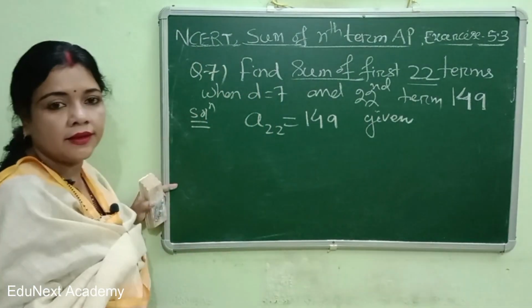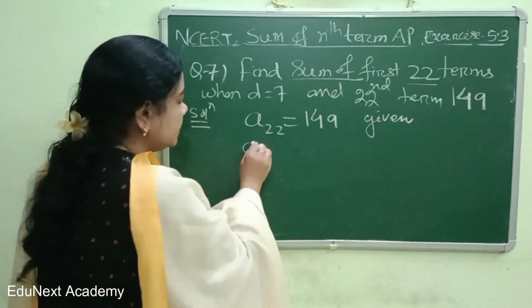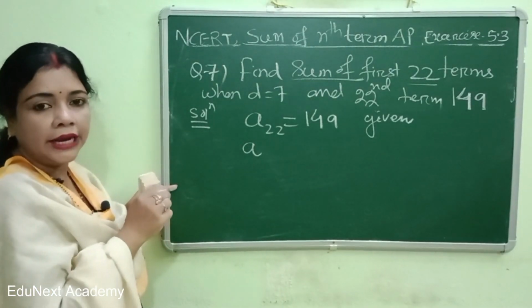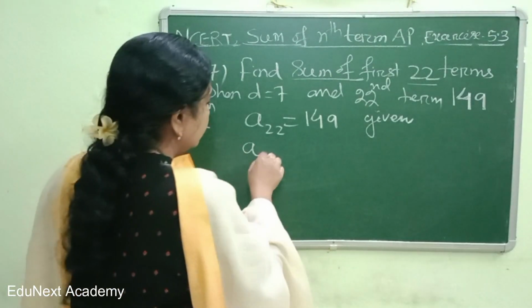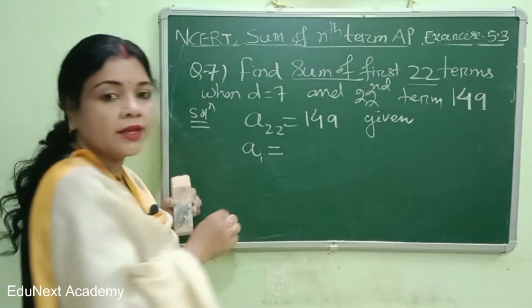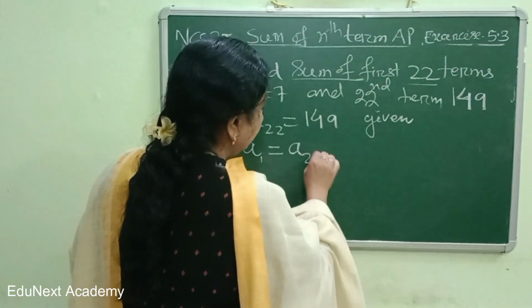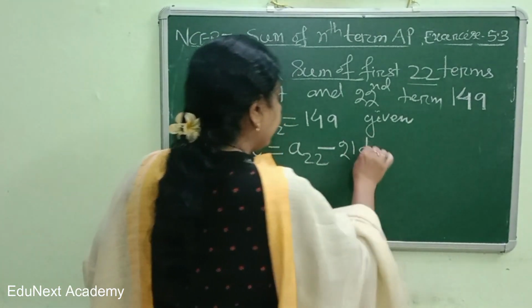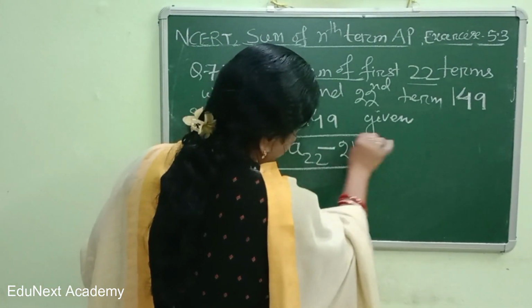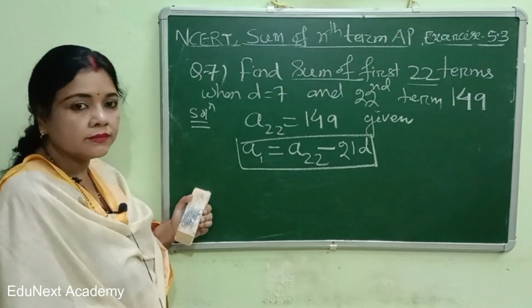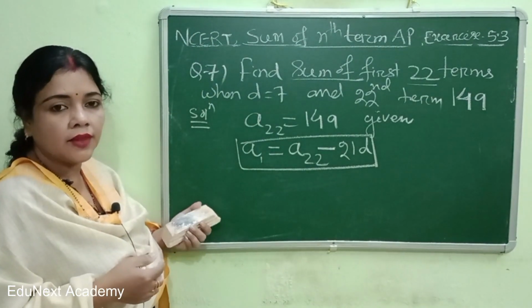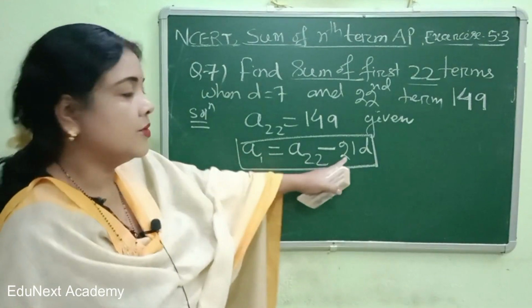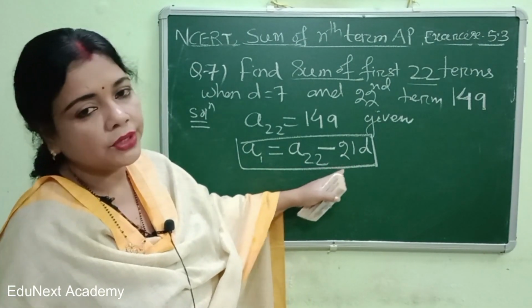Okay. Now what is the first term A or A1? So now the first term A is equal to A22 minus 21D. Before 22, there must be 21D.